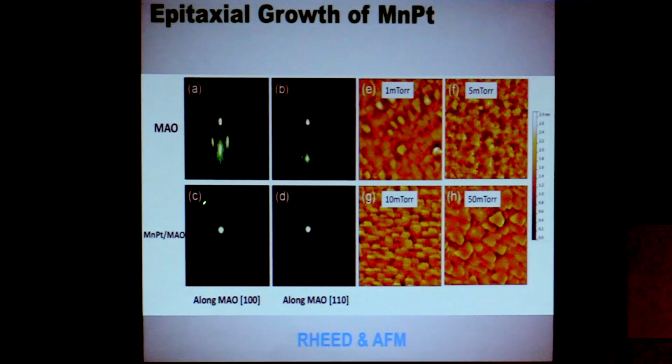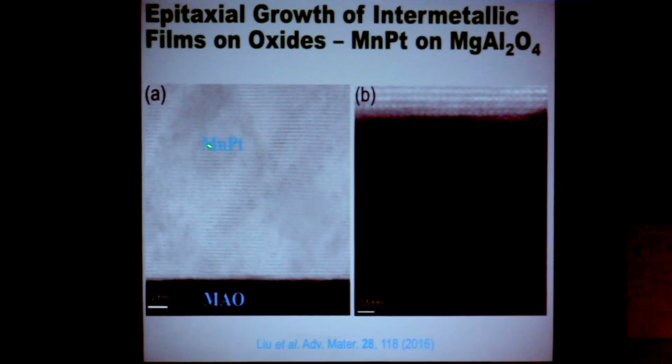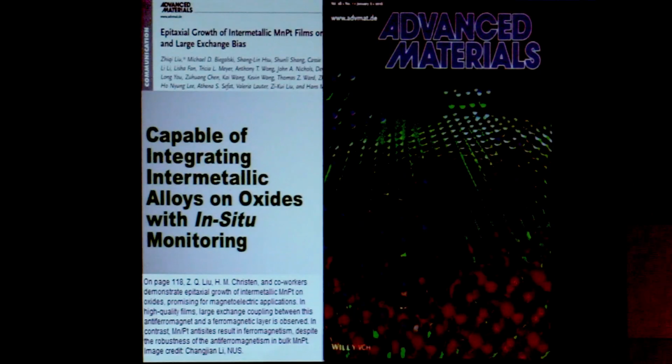We could realize epitaxial growth with a relatively smooth surface by optimizing the growth power and also the argon pressure. Also, this TEM of the manganese platinum thin film, epitaxially grown on MgO, shows a relatively good interface. So with this kind of technique, we could grow these magnetic alloys or oxides.